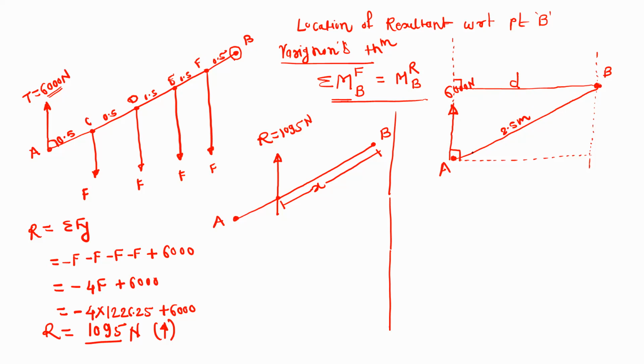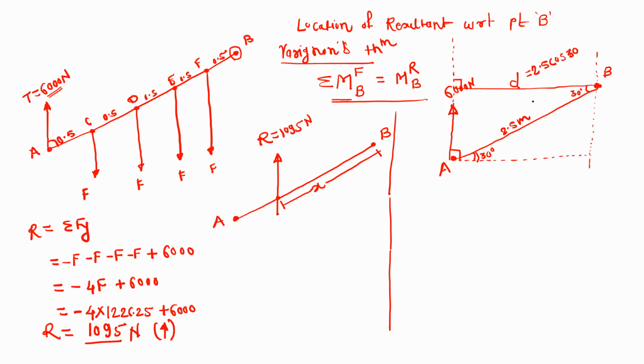Now we know this angle is equal to 30 degree, so this angle will be the same, 30 degree. So the D distance by using trigonometry is equal to, this is the adjacent side of this right angle triangle, so it will become 2.5 cos 30.